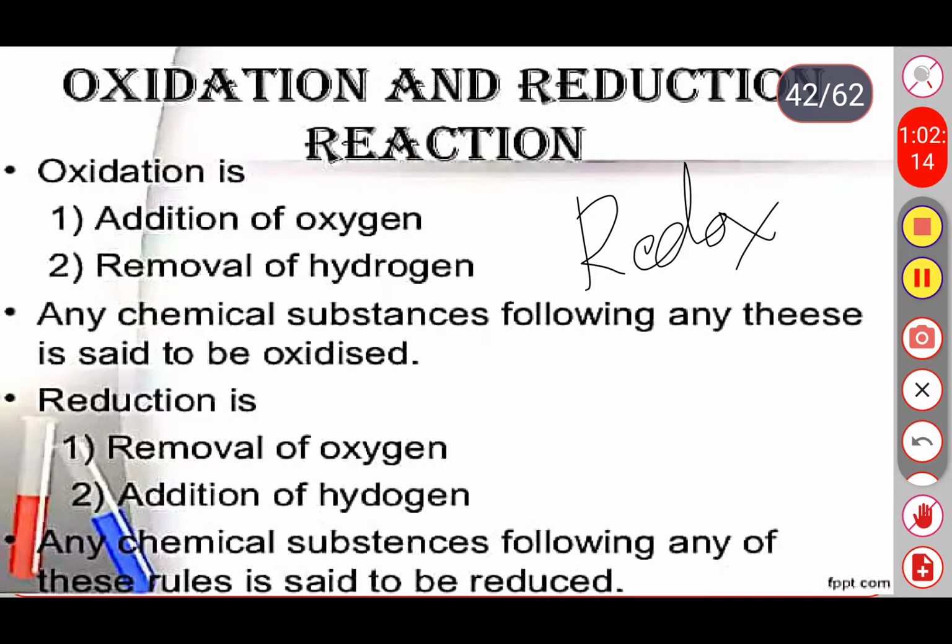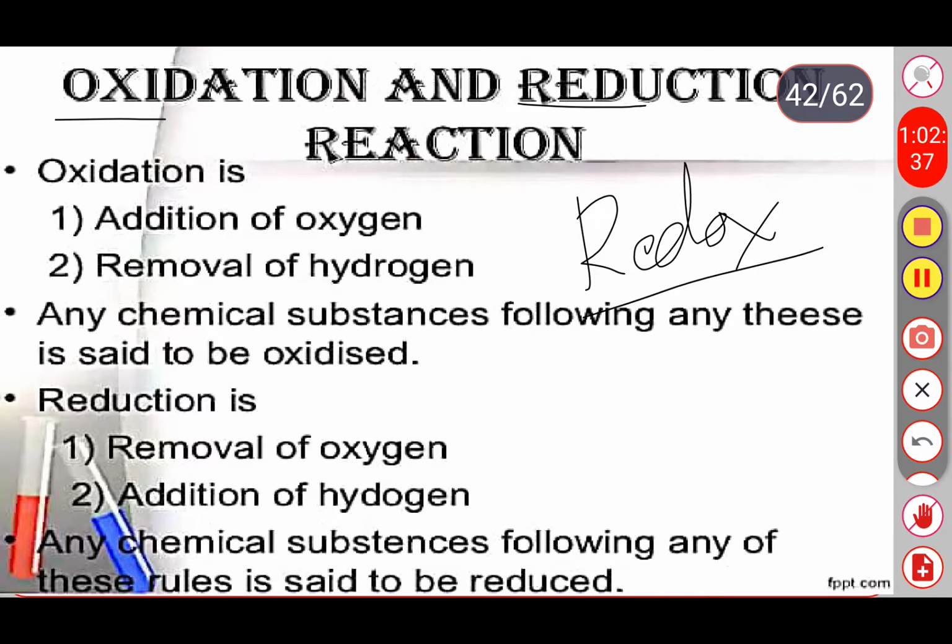Oxidation is defined as the addition of oxygen to an element or compound, or we can also define it like this: the removal of hydrogen from the compound. So oxidation is nothing but the addition of oxygen or removal of hydrogen.